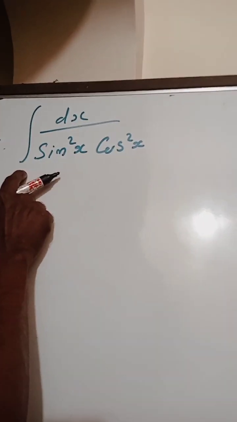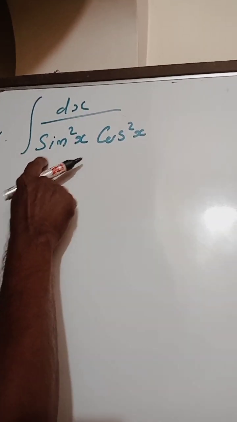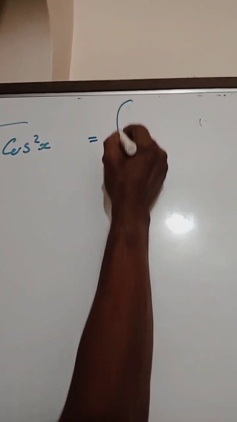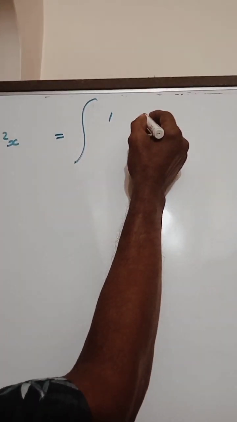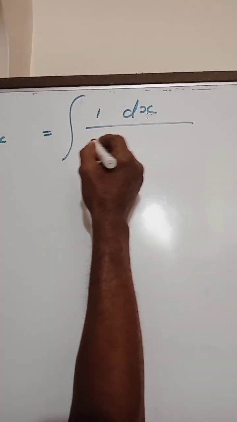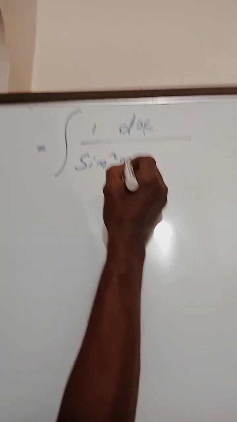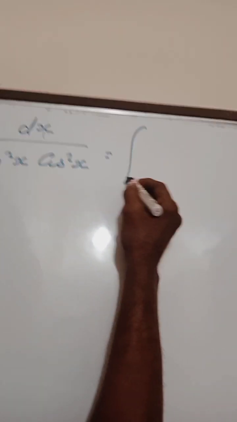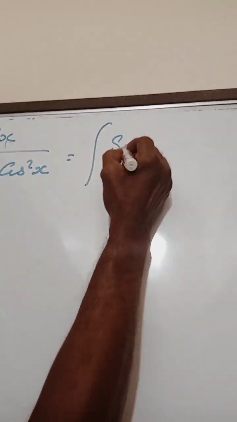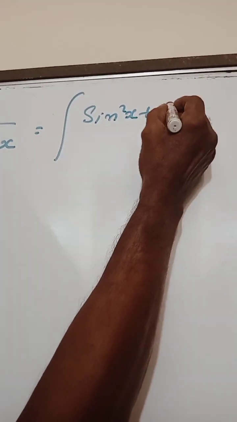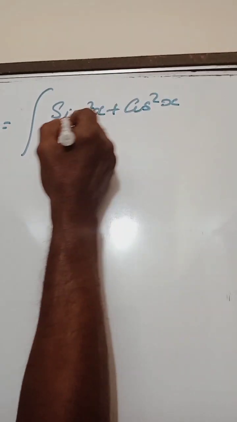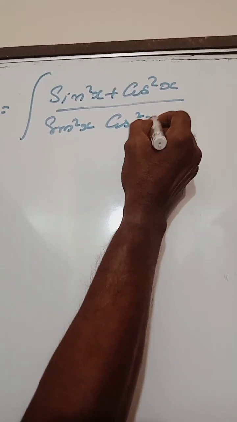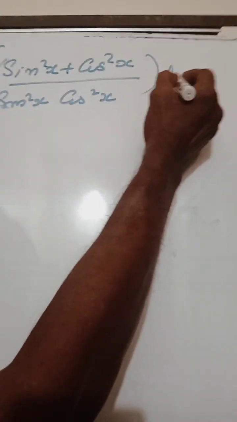Ninth question is integration of dx divided by sin squared x cos squared x. This is equal to integration of 1 into dx divided by sin square x cos square x. This is equal to, 1 we write as sin squared x plus cos square x, divided by sin square x cos square x dx.